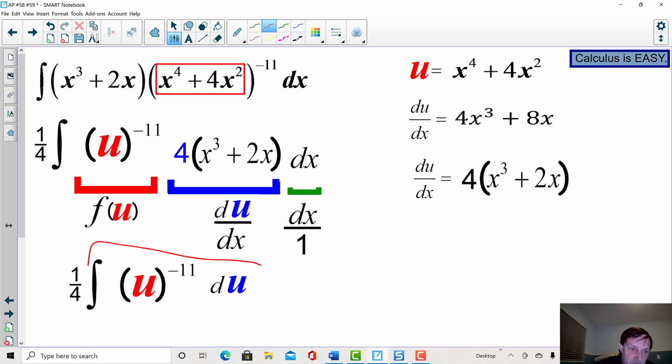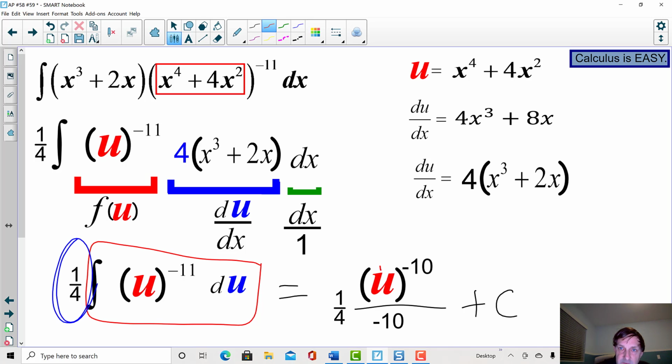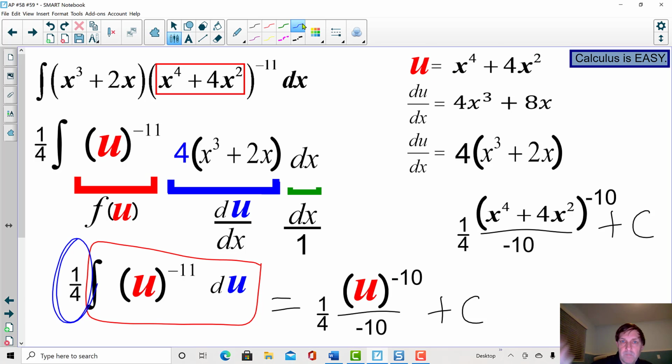So now our integral is just an easy power rule. We're going to add 1 to the power, and then we want to divide by that new power. Don't forget your plus c, and don't forget your 1/4 in the beginning of your integral. And the last thing was that your u was x to the 4th plus 4x squared. We can do a little simplifying.